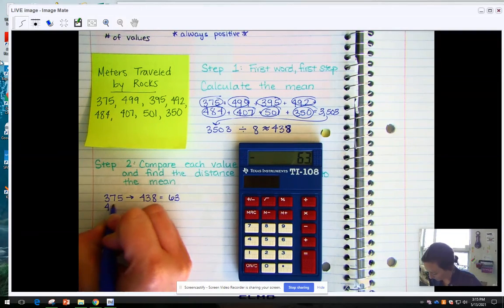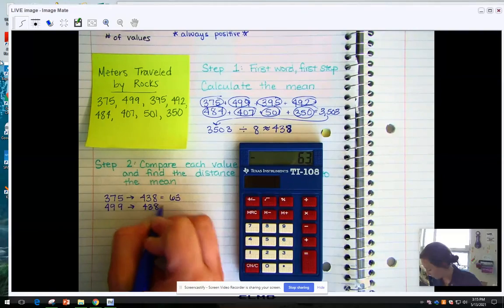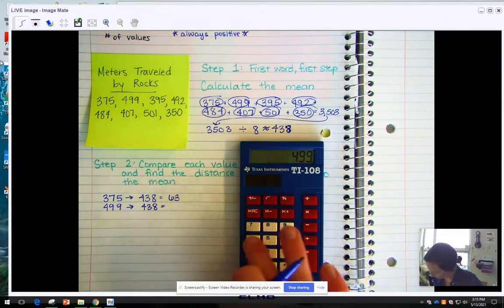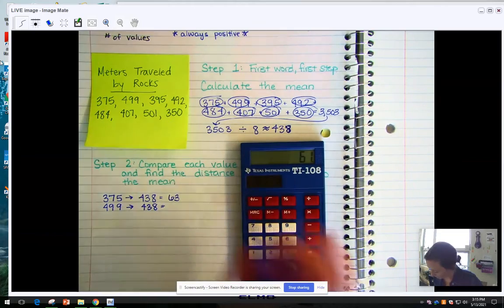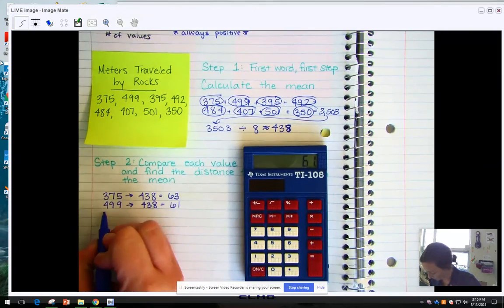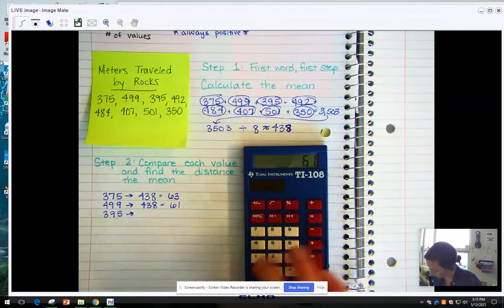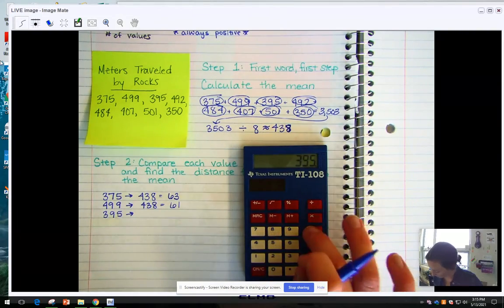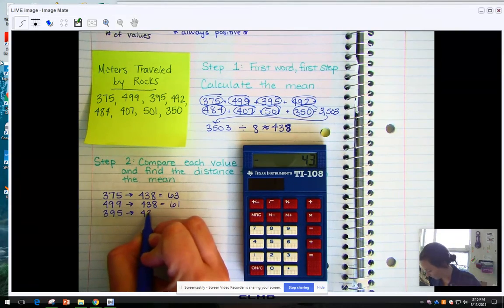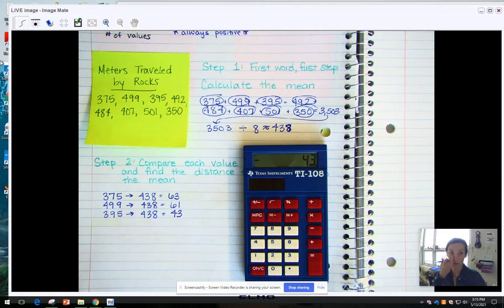I'm going to do the same thing now for the next value, which is 499. You will never have to do this without a calculator, so don't worry about that. And it is a lot of steps, and if you don't use a calculator, it'll take you 150 years, so I recommend that. Remember, this is a negative number, but I'm just going to remember the absolute value is always positive.